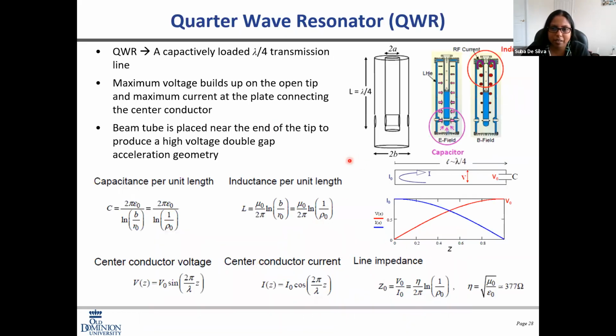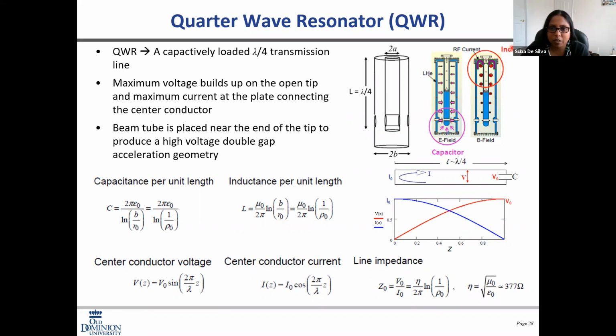The quarter wave resonator is called quarter wave because you have an inner conductor and an outer conductor, but the inner conductor is quarter lambda. You have a strong electric field at the end or the tip of the probe, and then you have the top of the cavity.